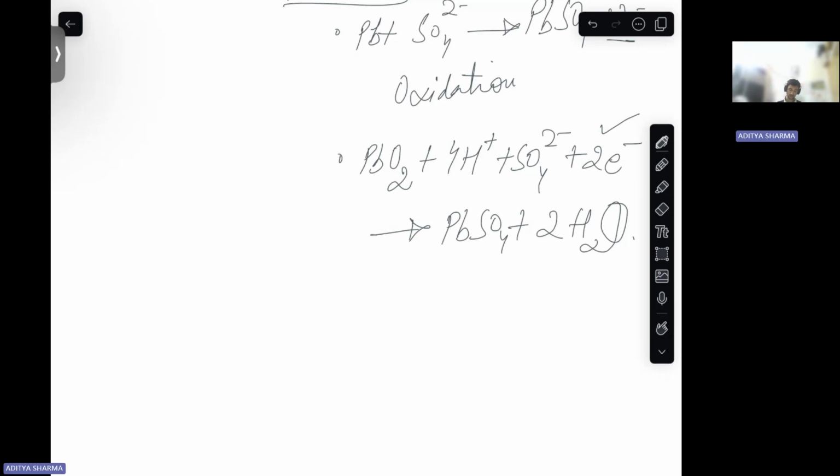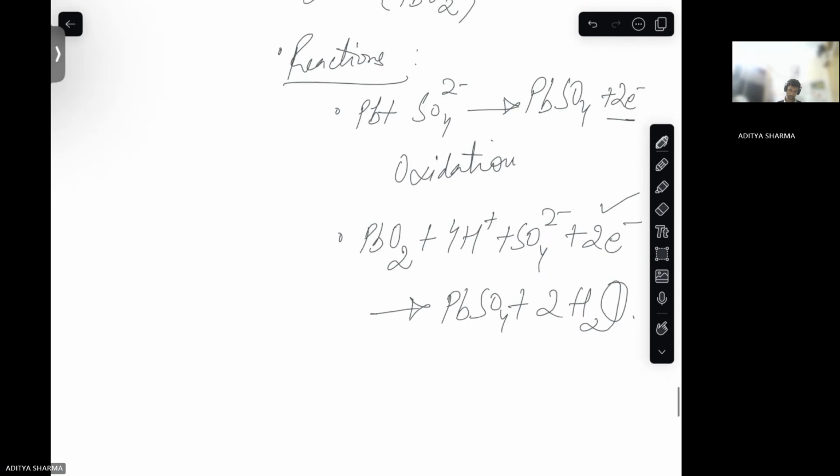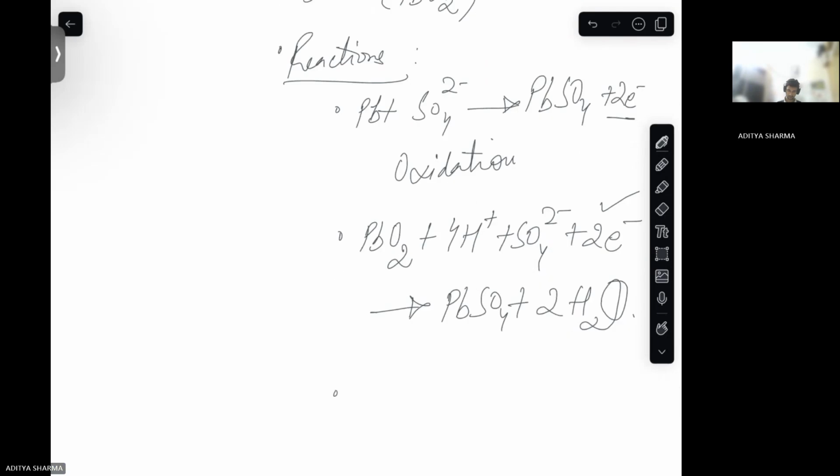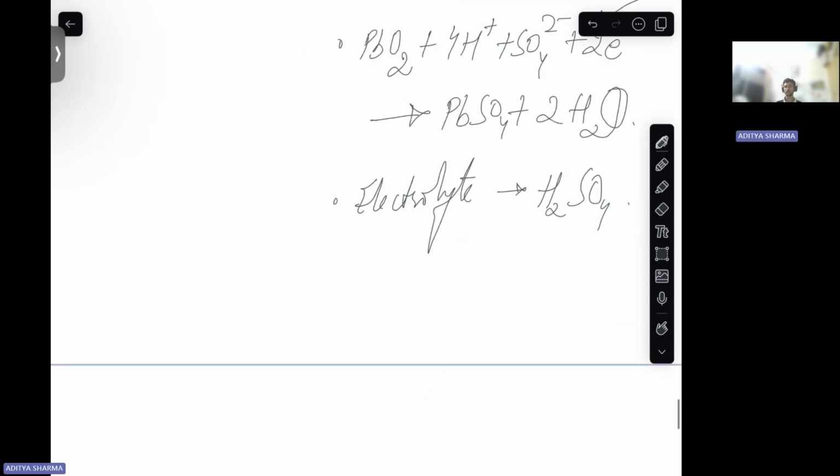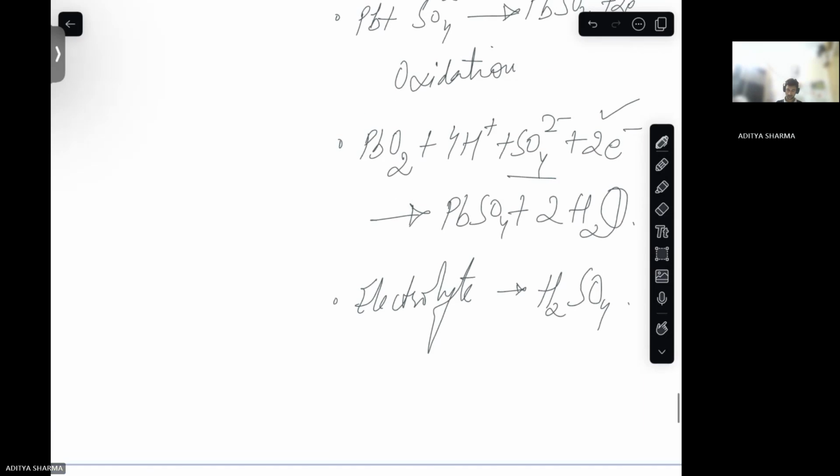And the electrolyte here used is what? Dilute form of your sulfuric acid. Okay, so these sulfate ions and these H positive ions are coming from this electrolyte only, right?